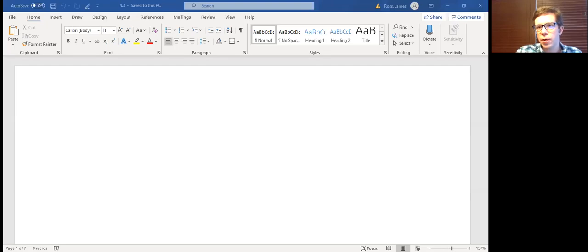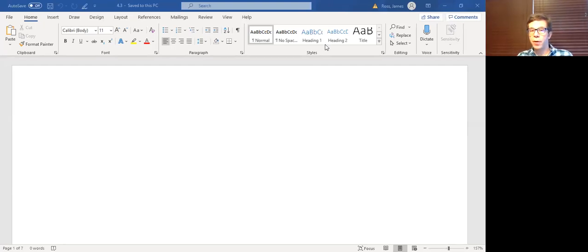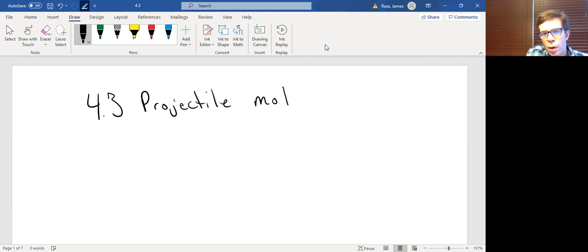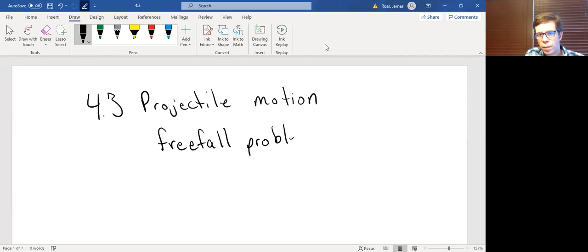All right, we have talked about free fall some. Section 4.3 deals with projectile motion. And this is a free fall problem, but with a non-trivial initial velocity.